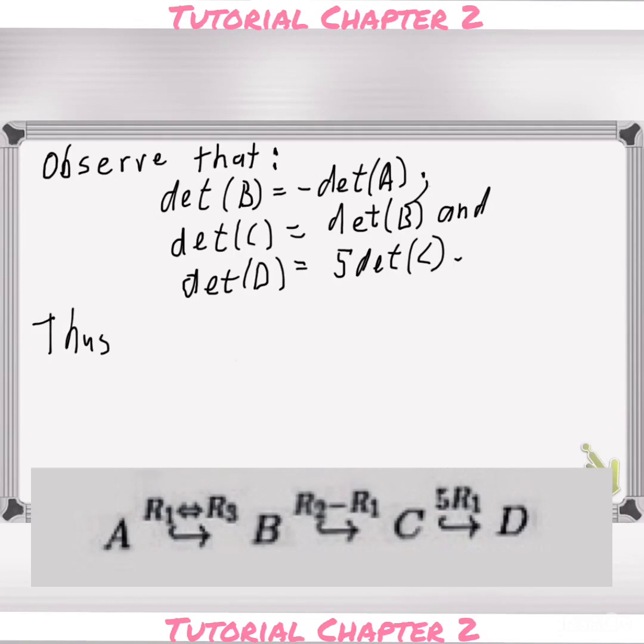So, thus, we said the determinant of D is minus 13. The determinant of D is minus 13.